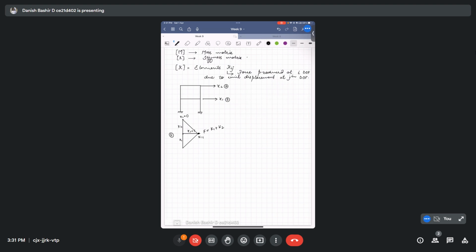The restoring force at this degree of freedom, from the upper floor, will be K2 into 1 with x2 as 0, and K1 into 1, so K2 plus K1. So our K11 term is K1 plus K2.